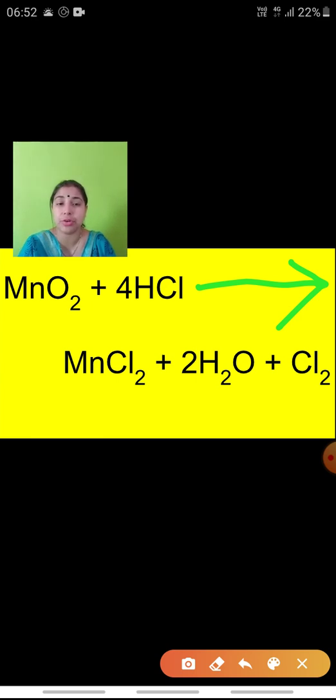HCl is hydrochloric acid, and results in the formation of MnCl2, that is manganese chloride, plus water plus chlorine gas. Now in this reaction also, as I told you, whenever a reaction takes place, oxidation and reduction both take place at the same time. In this reaction also both must be taking place.